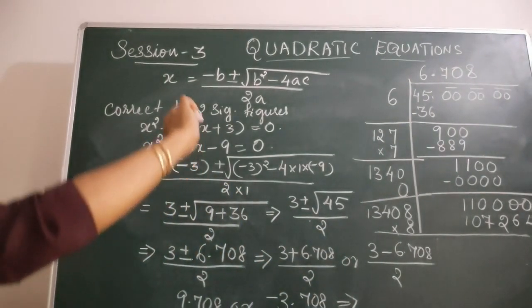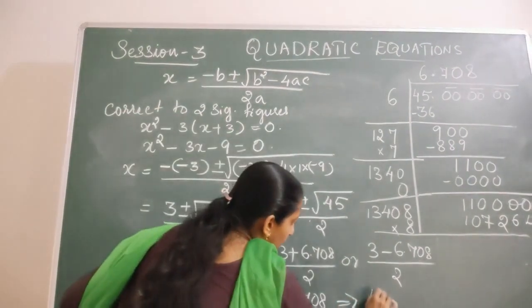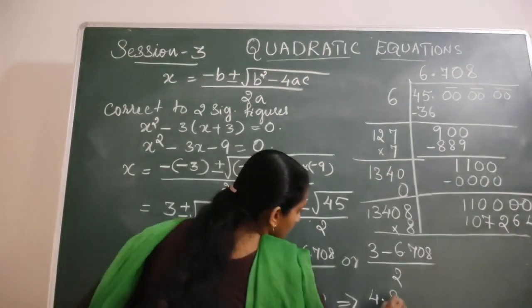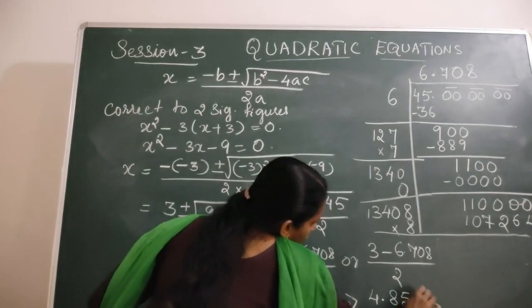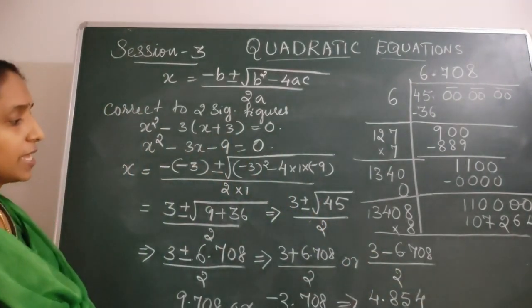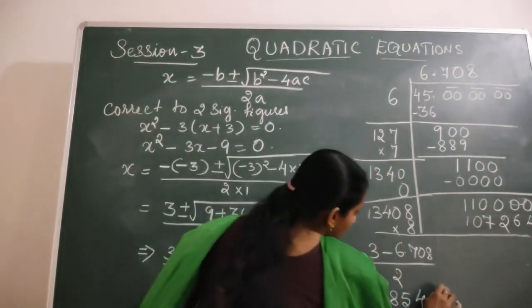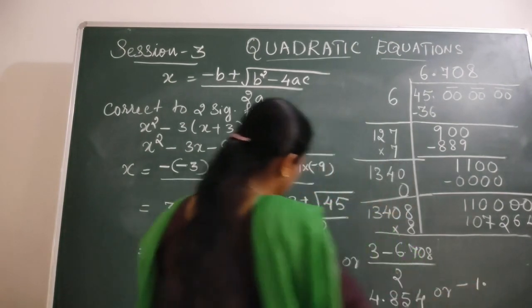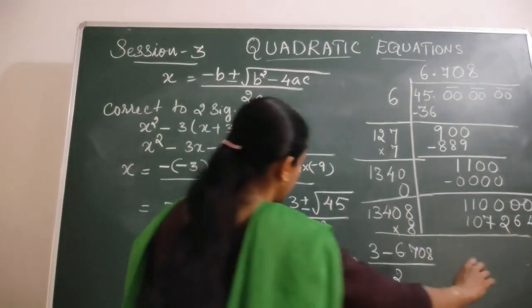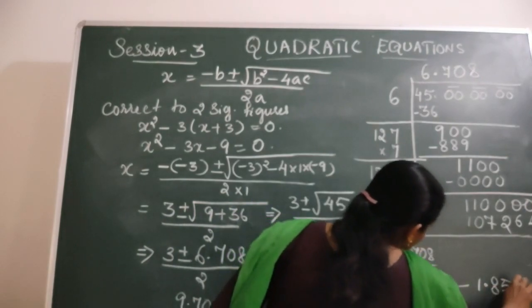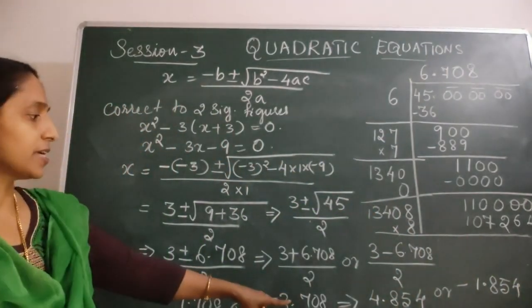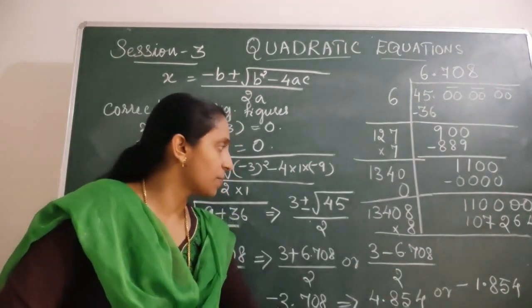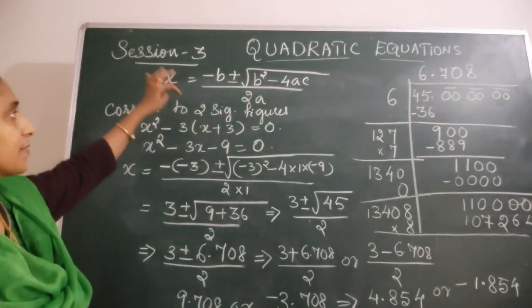After dividing it with 2, you are getting 4.854, or you are getting minus 1.854. Right? So after simplification we got the values 4.854 or minus 1.854. Now only you have to listen to the question.